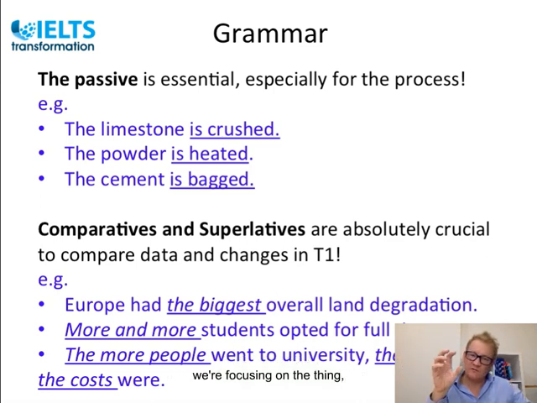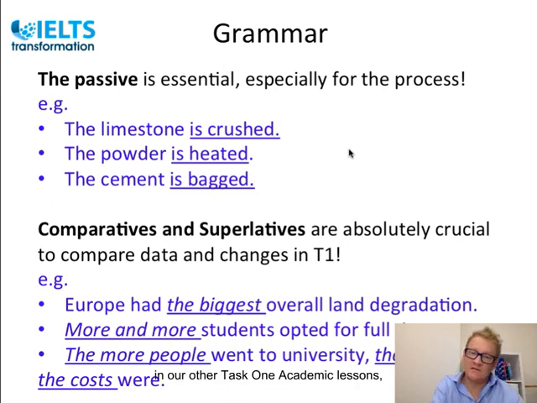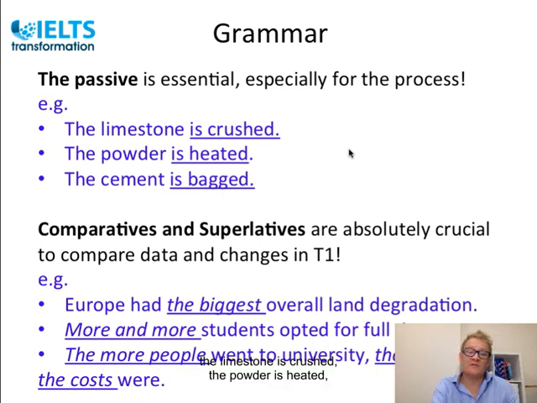We're focusing on the thing, the stuff, that's not precise, that is receiving the action. So for example, in this one, from an example we use in our other Task 1 academic lessons: the limestone is crushed, the powder is heated, the cement is bagged.